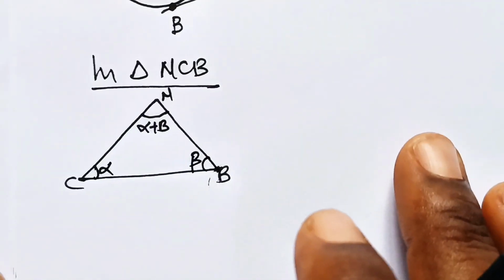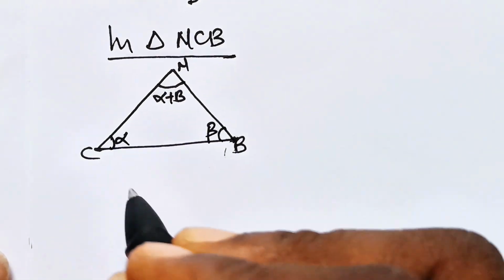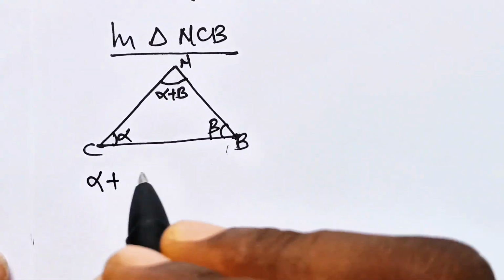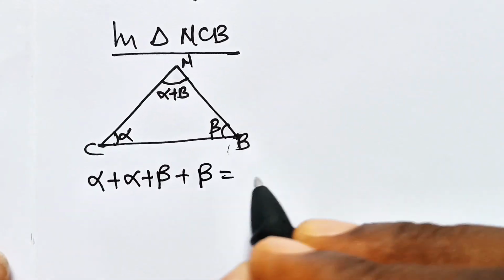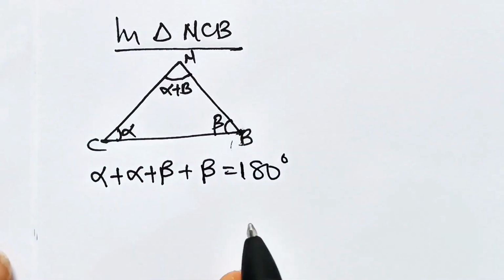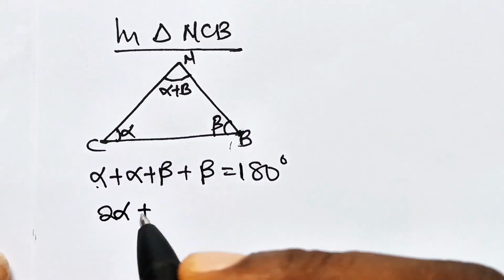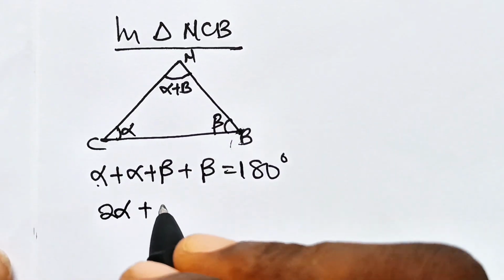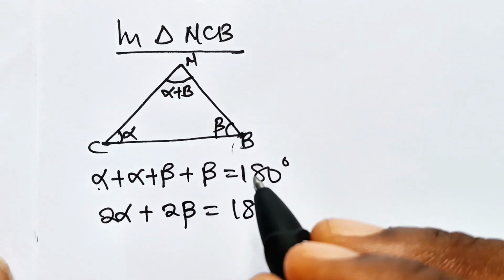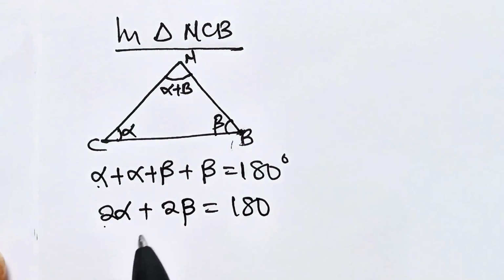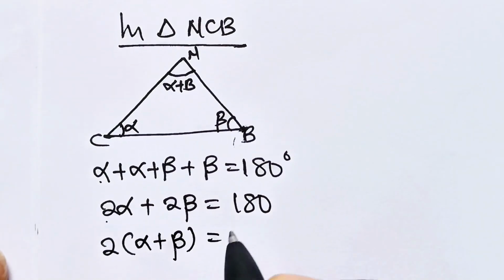The sum of angles in a triangle is 180 degrees. So we can say that alpha plus beta plus alpha plus beta is equal to 180 degrees. So alpha plus alpha is 2 alpha, beta plus beta is 2 beta, equal to 180. Let's factorize 2: 2 brackets alpha plus beta is 180.